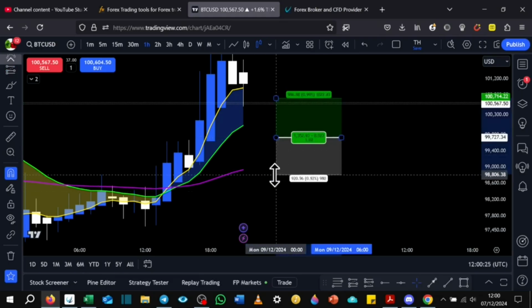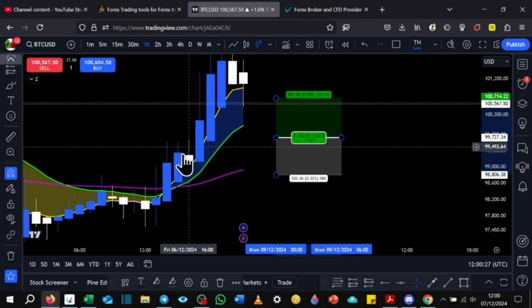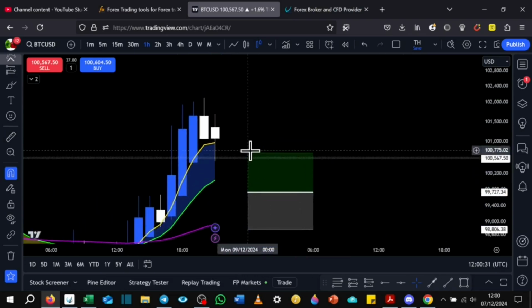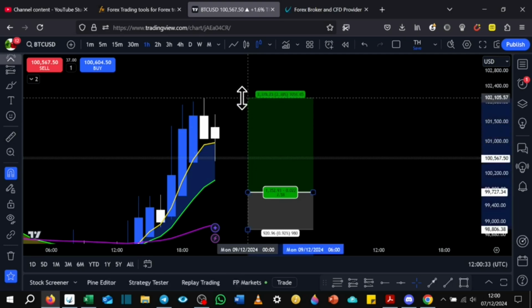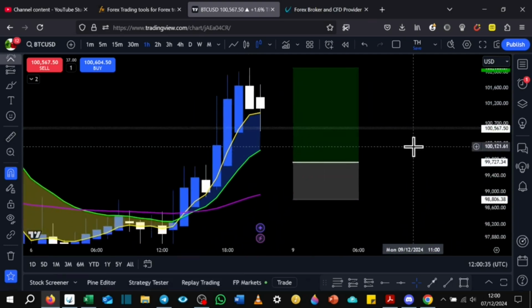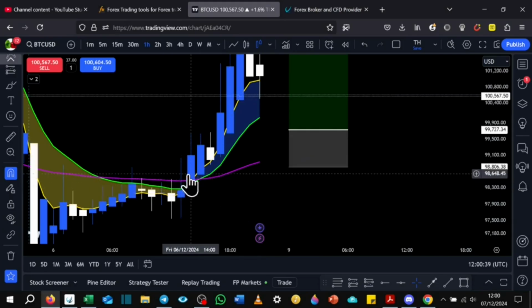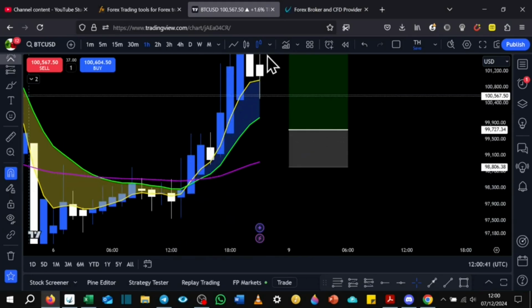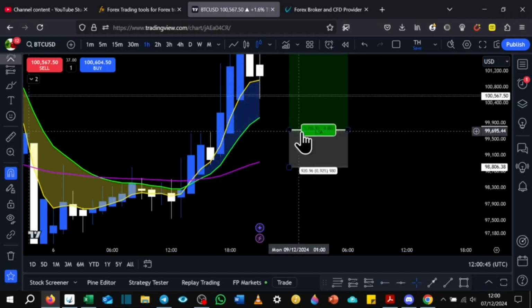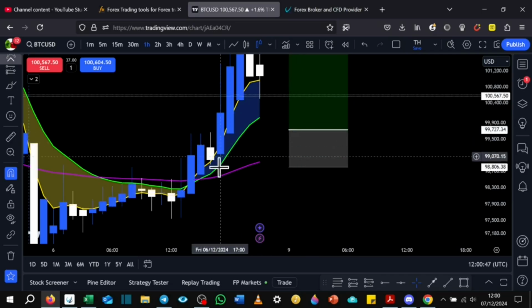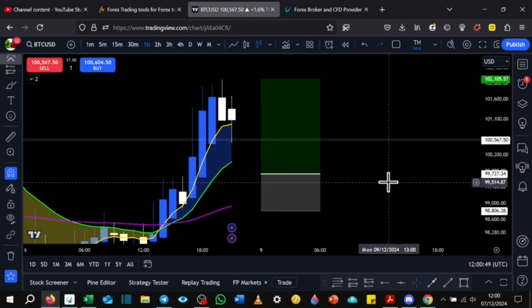I want the stop loss just below this institutional candle here. So this is our point of interest. And then the take profit will be above the previous high there. Okay, so we're anticipating, we've got all the three EMAs have crossed over here, right? That's perfect. So I'm anticipating that the market should come down, potentially hit this level or entry, and then reverse.